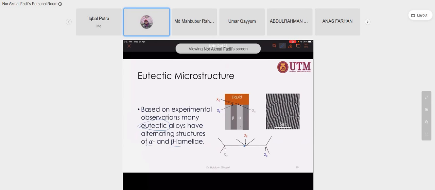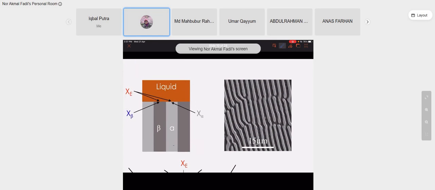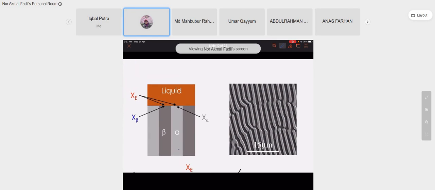This is the real microstructure that we observe under a scanning electron microscope. If you look at this microstructure, you can see there are two different colors. The colors represent the different composition of elements inside. So let's say this is beta, and this is alpha.